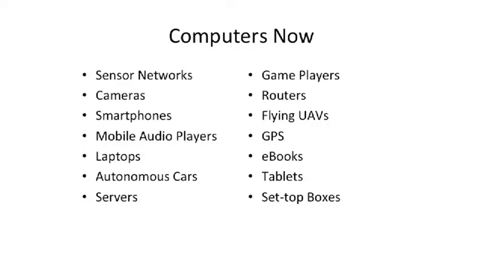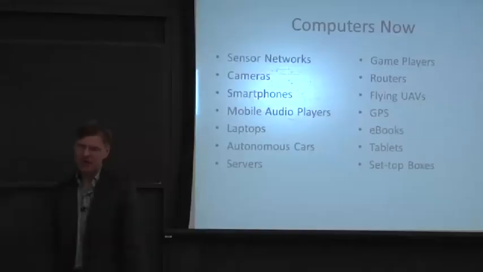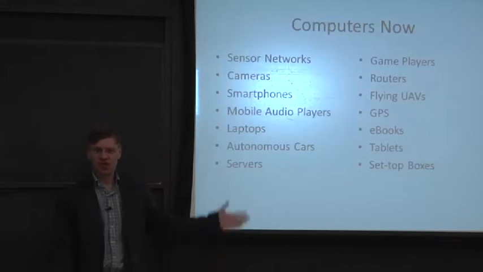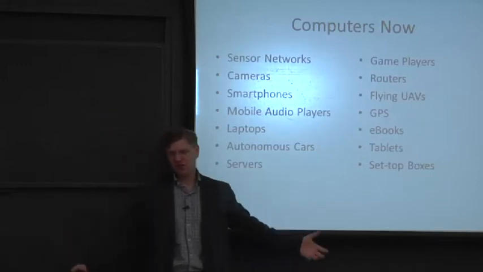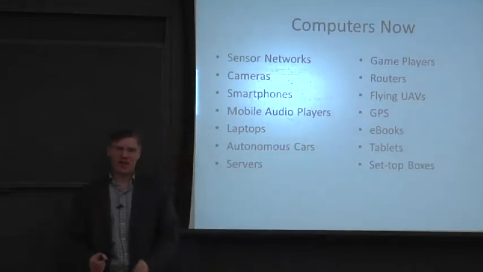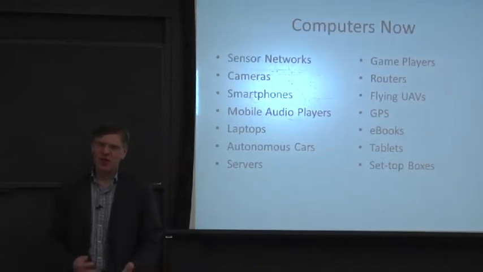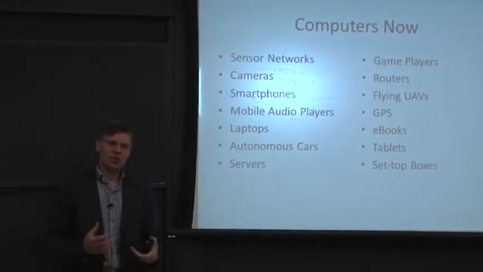We have computing in small systems. We have little sensor networks and little sensor nodes distributed. We have fancy cameras. We have smartphones. We have mobile audio players and iPods. We have laptops, like my laptop here. We have self-driving cars. We have big servers. We have Xboxes, and there's a lot of variety now in what computing systems look like.